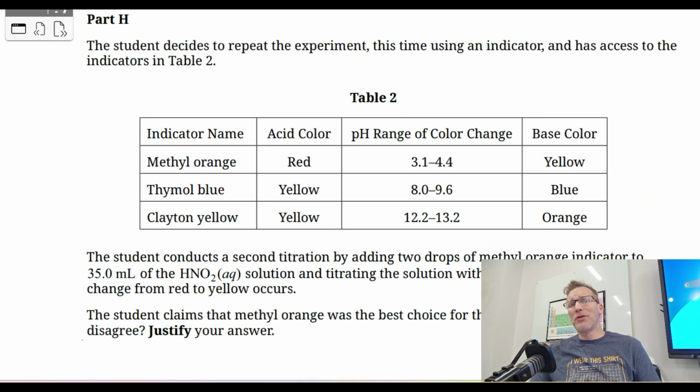Then the student decides to repeat the experiment, but this time, instead of using a pH meter, they use an indicator. And they ask you, is it good if they use methyl orange? Well, look at the pH range of the color change: 3.1 to 4.4. That's not going to do it. We want a color change at approximately pH of 8, which means we have to use the thymol blue.